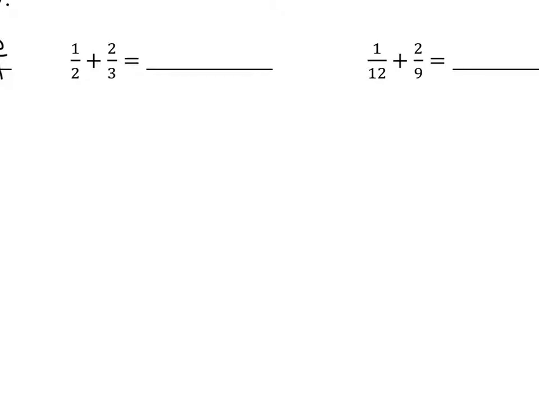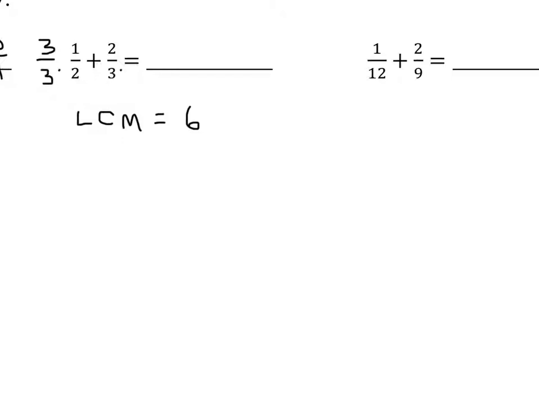If they have different denominators, you have to figure out the least common multiple of 2 and 3. The smallest number that both 2 and 3 divide evenly into is 6. So we want to change each fraction so that it has 6 as the denominator. We need to multiply this fraction by 3. Whatever we do to the denominator, we have to do to the numerator. So we multiply them both by 3.